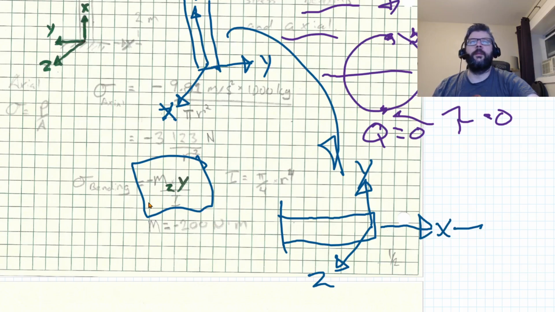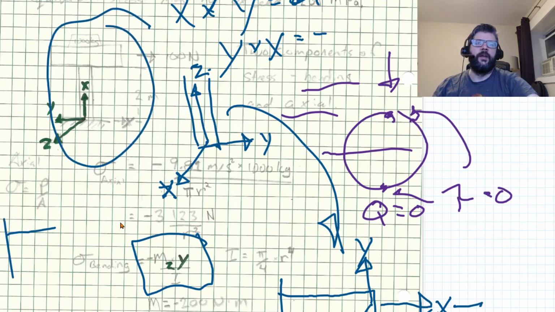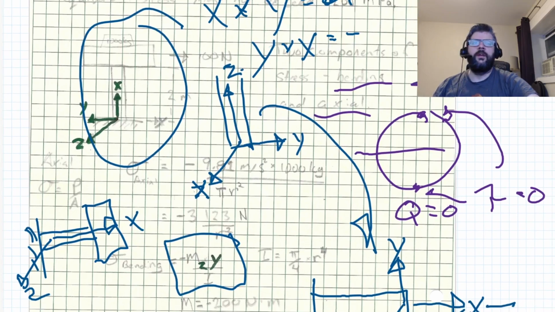This setup is basically the same as a cantilever beam attached to a wall, just rotated: x in this direction, z coming out of the page, and y in this direction.